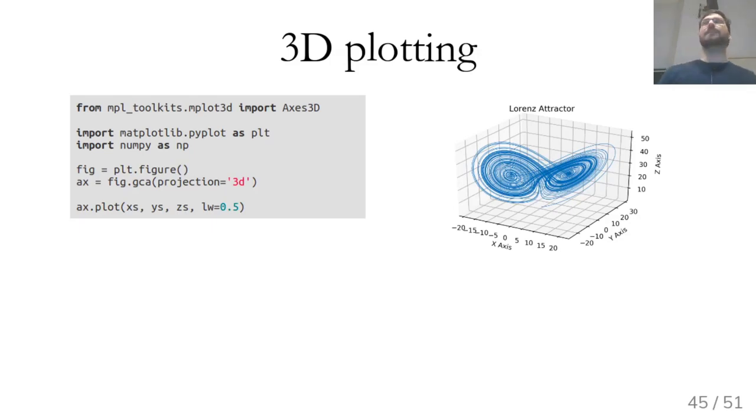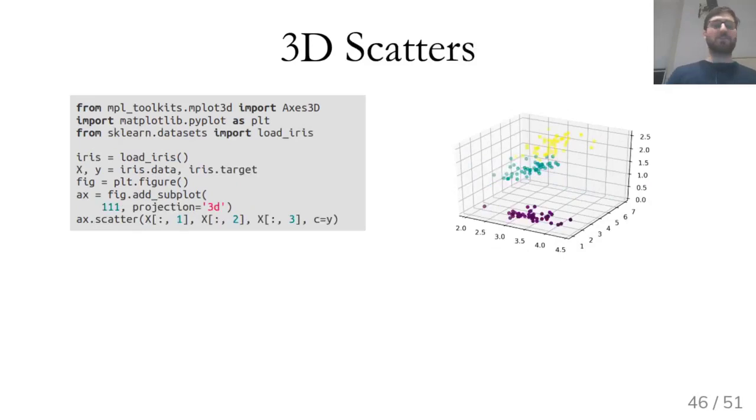Generally, I find 3D things not as useful. Without interactivity, they're pretty useless, because a 3D scatter plot without interactivity is just a 2D scatter plot with a weird projection that the library chose for you. If you have interactivity, you can spin it around and see different angles, which might be good for exploration.